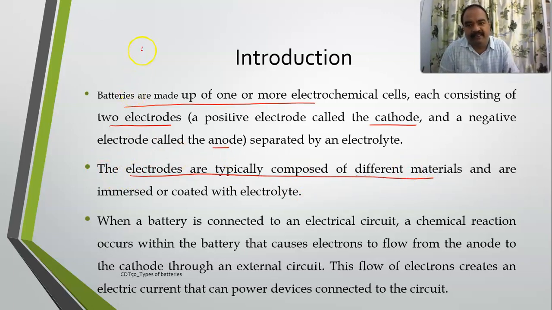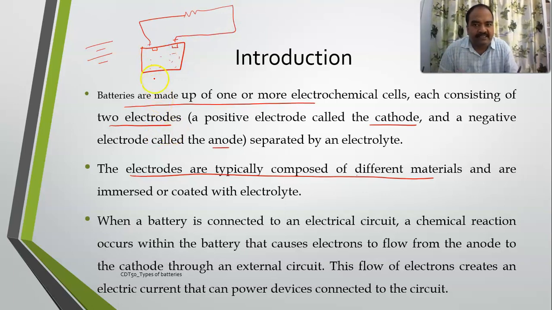Normally, this is the representation of a battery. Sometimes you will represent it like this. When a battery is connected to an electric circuit, a chemical reaction occurs within the battery. Whatever the alkaline is present here, when you connect it to some external circuit, a chemical reaction will happen within the battery, which allows electrons to flow through the external circuit.